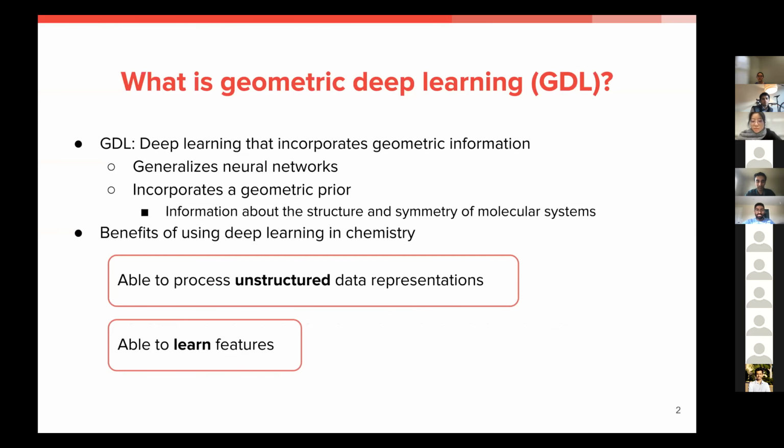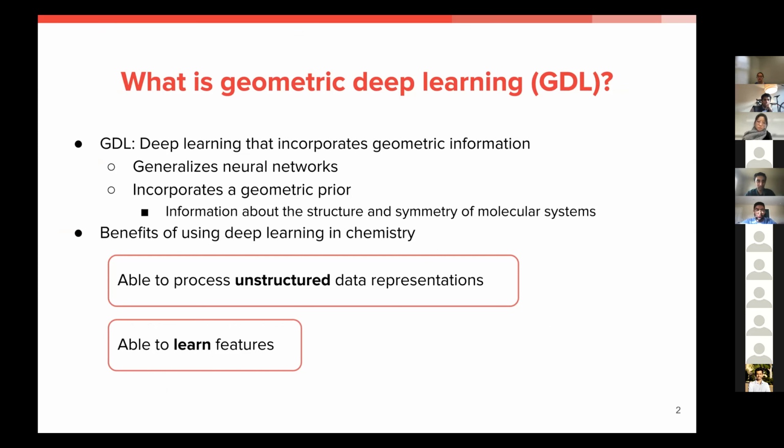So first off, let's look at what geometric deep learning is exactly. As the name suggests, geometric deep learning is deep learning that incorporates geometric information. Specifically, it generalizes neural networks to Euclidean and non-Euclidean domains, including graphs, meshes, and string representations, as I will show later on.